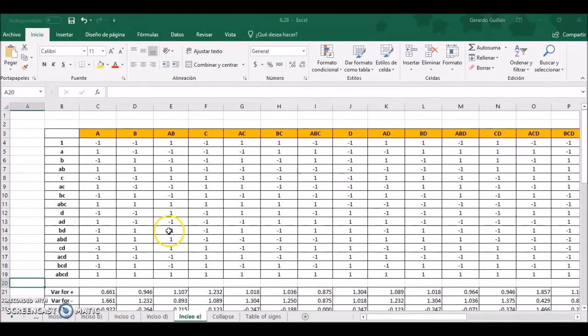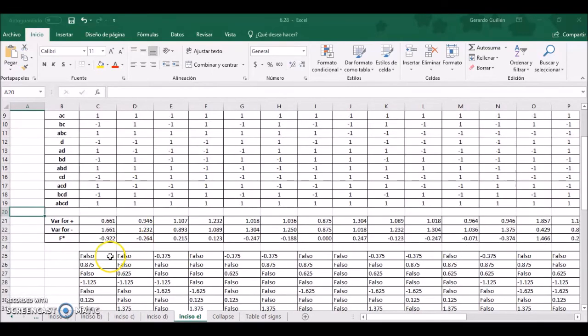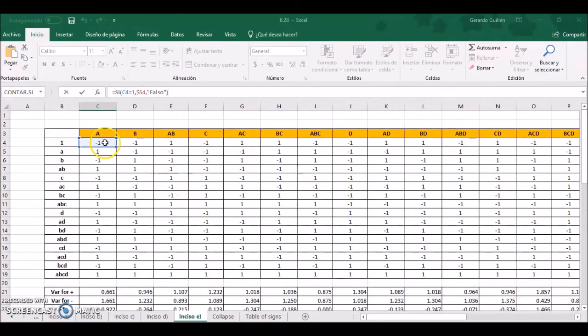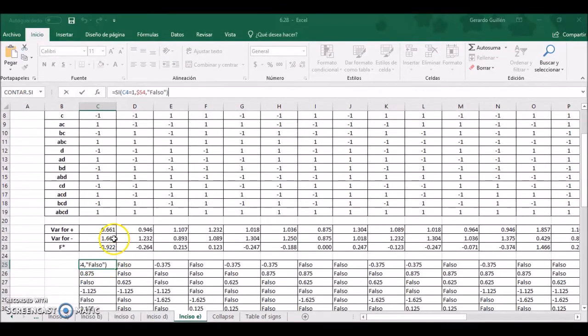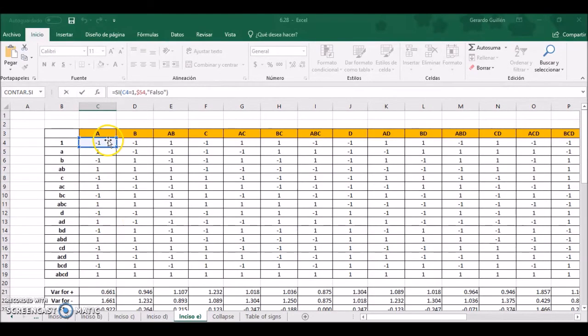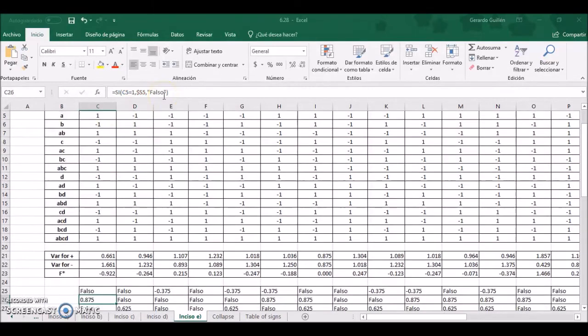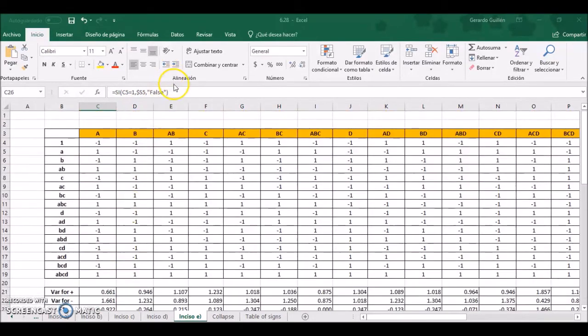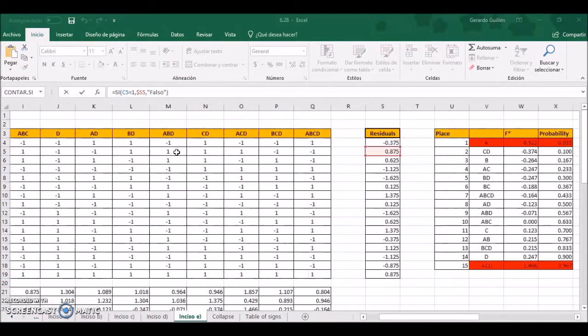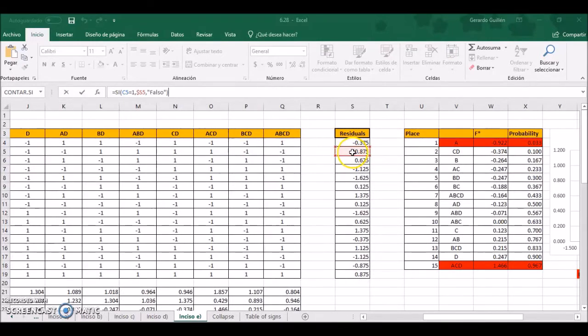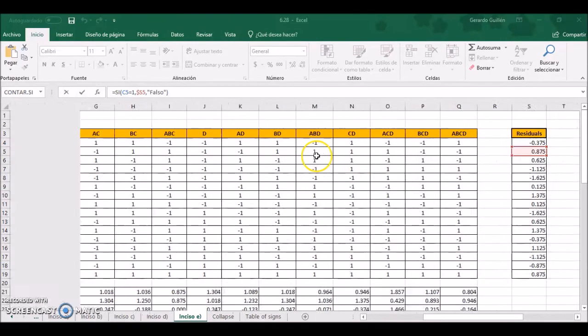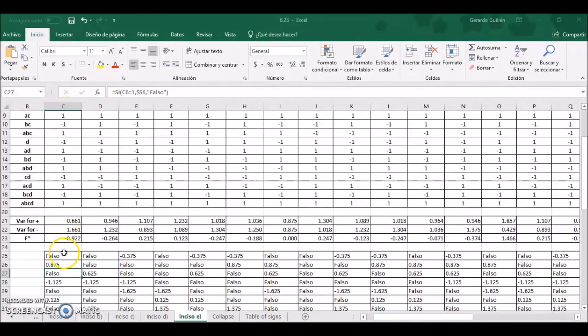To make it simple, I use the formula called IF in English. For example, if this value is negative for the positive variance, I'm going to name it false. But if it's positive, I'm going to make it take the value of the residual that is next to the source A, which is 0.875. And so on. I'm going to make all this table.